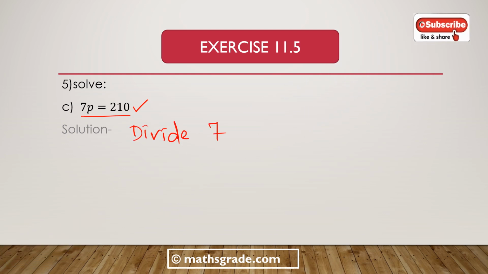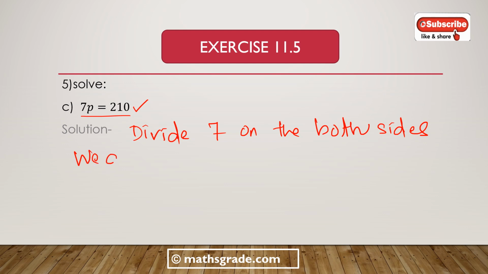Dividing by 7 on both sides of the equation, we get 7p divided by 7 equal to 210 divided by 7.